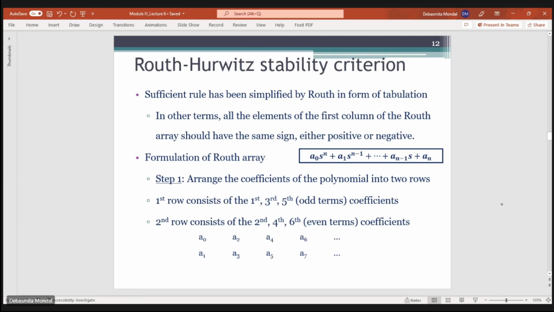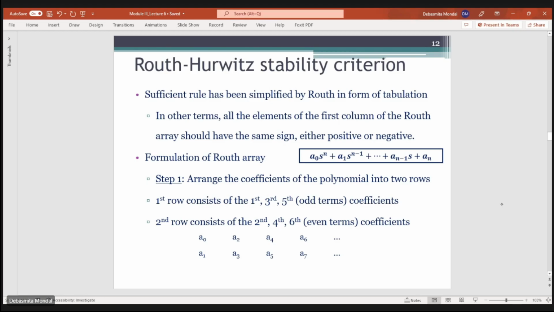The first row will have the coefficients of the odd terms: the first term, third term, fifth term. All those coefficients will come in the first row. And in the second row, you will have all the coefficients for the even terms, that is the second, fourth, sixth, eighth. All these will come in the second row.